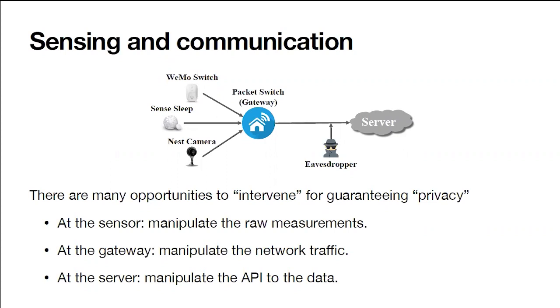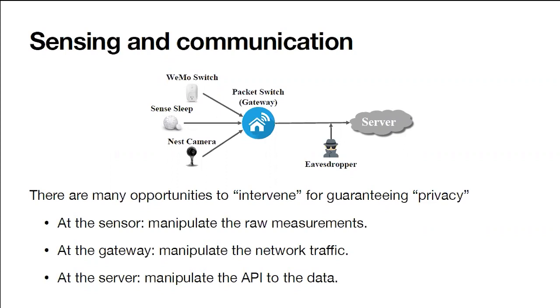So you could do this at the sensor, so you could manipulate your actual measurements. Jorge and I have talked a bit about doing this in the context of smart buildings, and you've done some experiments on noising up sensor measurements. You could also do this at a gateway, for example, in a smart home.